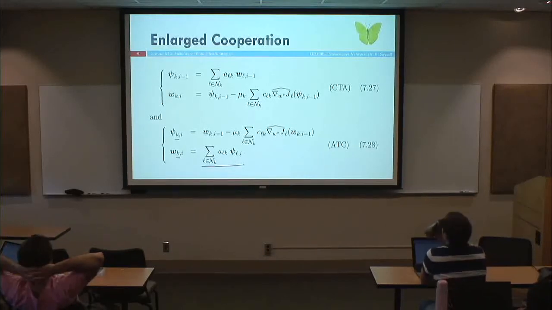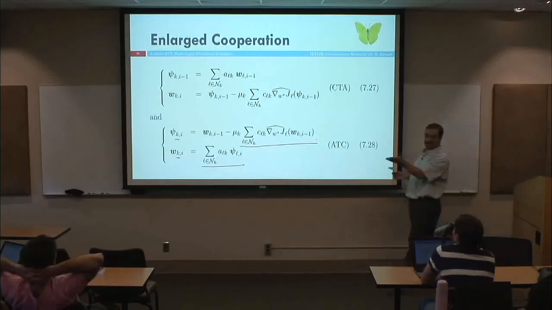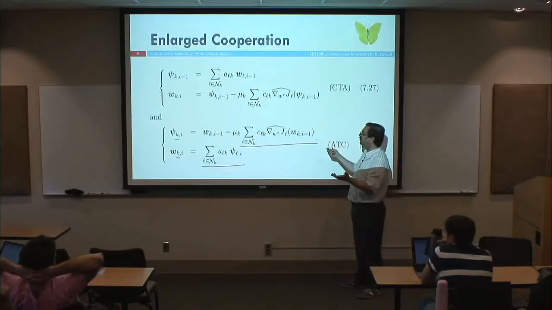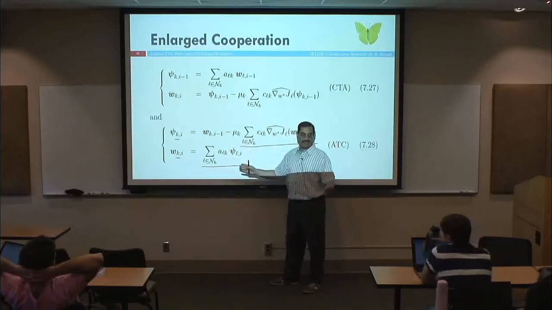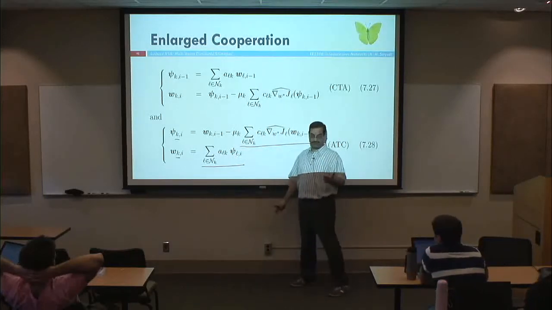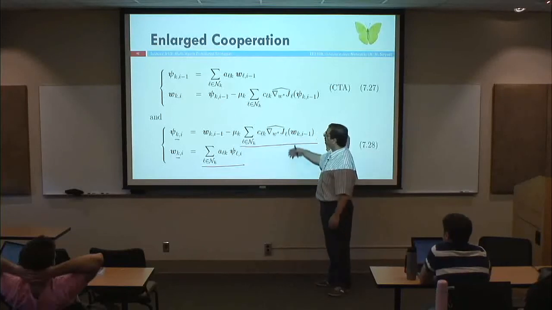But here, rather than move along the negative direction of my own gradient, let me combine the gradients from my neighbors again, get a better estimate and move along that direction. This is an enlarged form of cooperation. So now you have two sets of combination coefficients, not just A, but also another set of combination coefficients, C. You can again derive this form more formally.